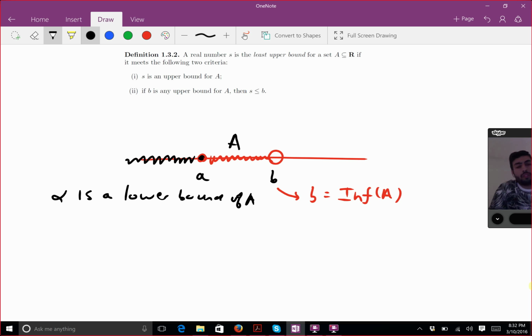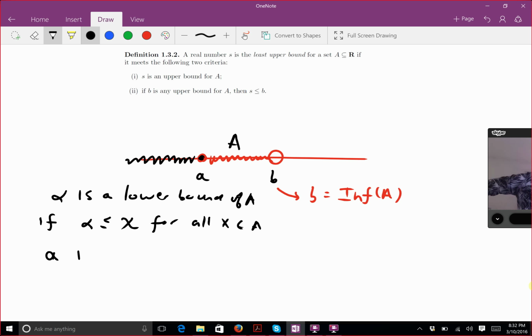Alpha should be smaller than or equal to x for all x in A, right? Good. Now notice the same thing applies. These are all the lower bounds. There is a greatest lower bound, which is a. So in our case, a is the greatest lower bound of A.